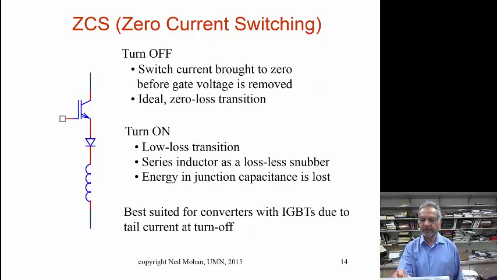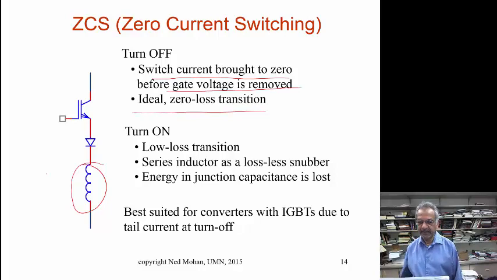So we look at the zero current switching, where at turn-off, the switch current is brought to zero before the gate voltage is removed. So it's really ideal zero current turn-off, so zero loss under transition. Also at turn-on, it's a low loss transition because the series inductor here acts as a lossless snubber, but the energy in the junction capacitance of this FET is lost.